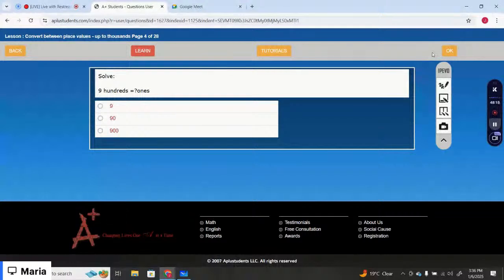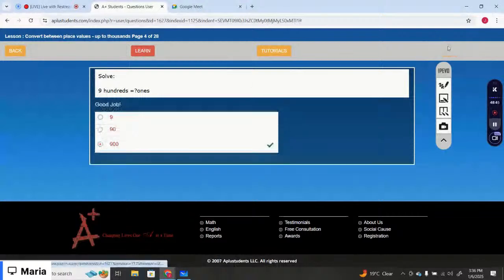900 is equal to how many ones? 900 is equal to 900 ones.